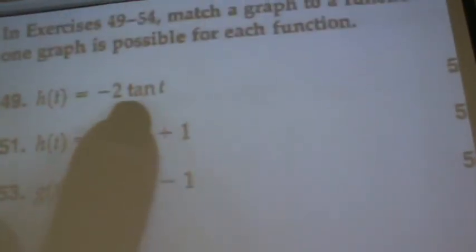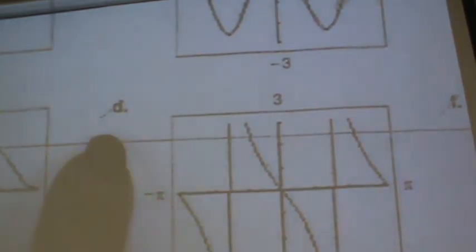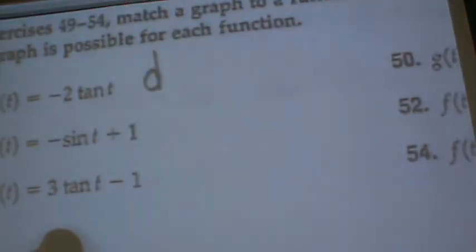We have to decide which is which. We have the last 2 matching problems. 49 is D, because it's negative. I always think of it as like a negative slope line, like x to the third, that type of graph.